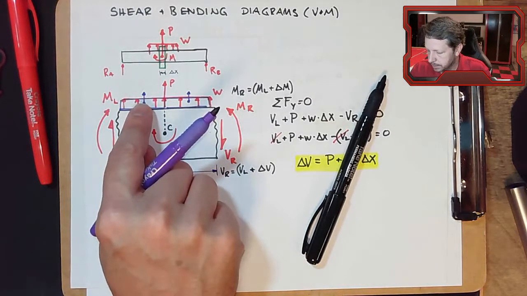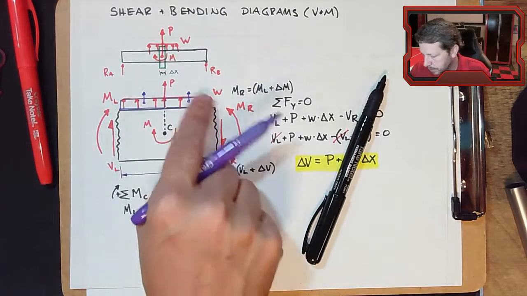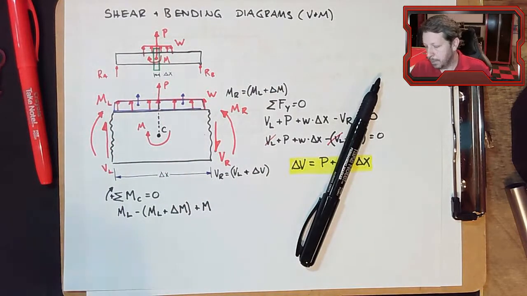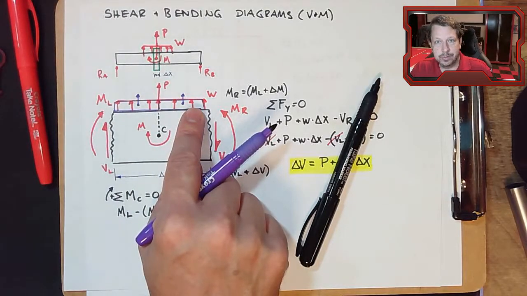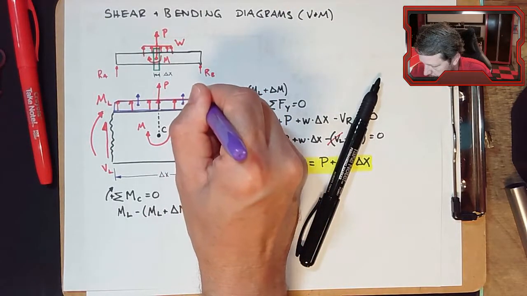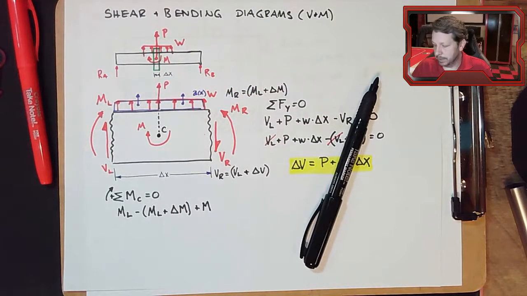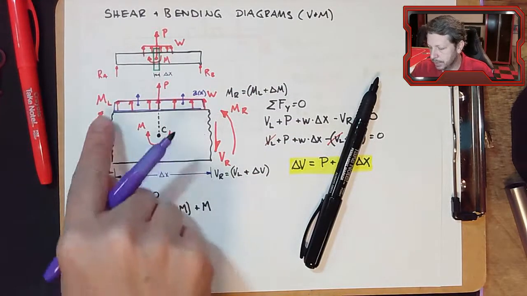This one creates a clockwise moment that's W times whatever that distance is, and this one creates a counterclockwise moment equal to that, and they cancel out. But you don't always have evenly distributed loads on here. There might be some function multiplied times that distributed load that creates a totally different shape, a polynomial or an exponential or whatever shape you have in here.